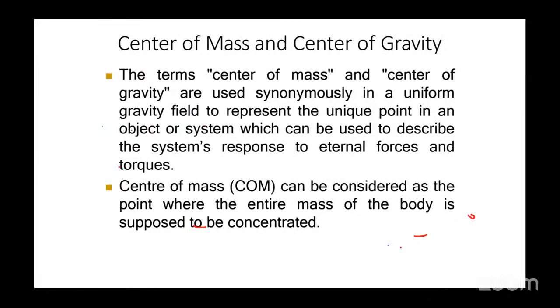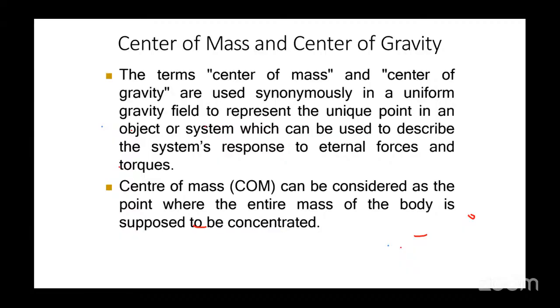So let's look at center of mass and center of gravity. The terms center of mass and center of gravity are used synonymously in a uniform gravity field to represent the unique point in an object or system which can be used to describe the system response to external forces and torque.